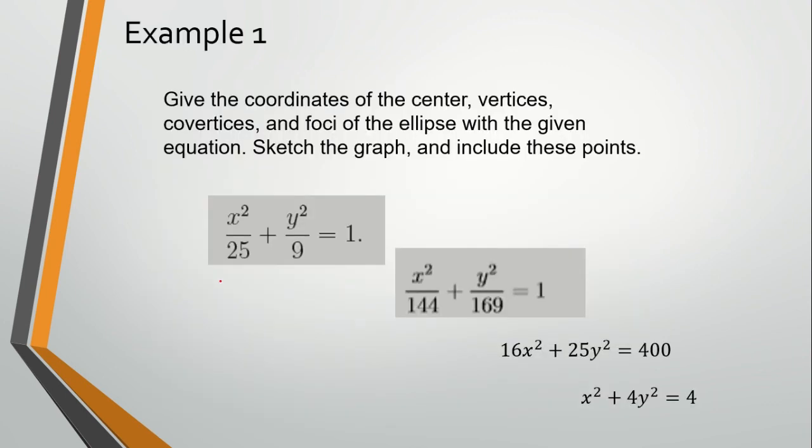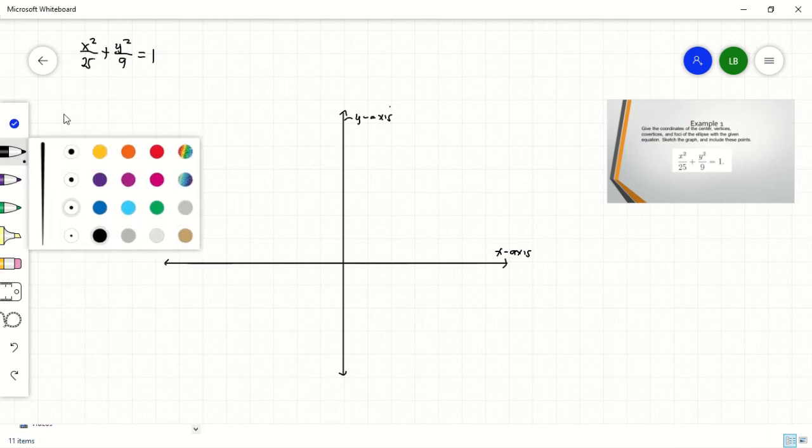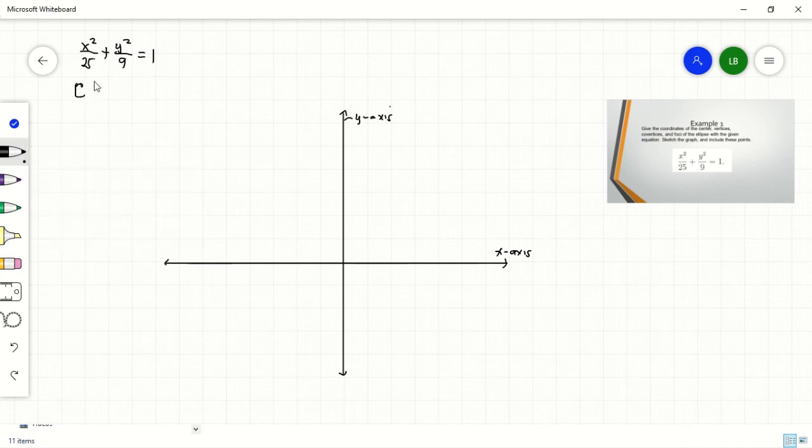Tingnan natin itong x squared over 25 plus y squared over 9 is equal to 1. Okay, so i-graph natin yung x squared over 25 plus y squared over 9 equals 1. So our center is 0, 0.